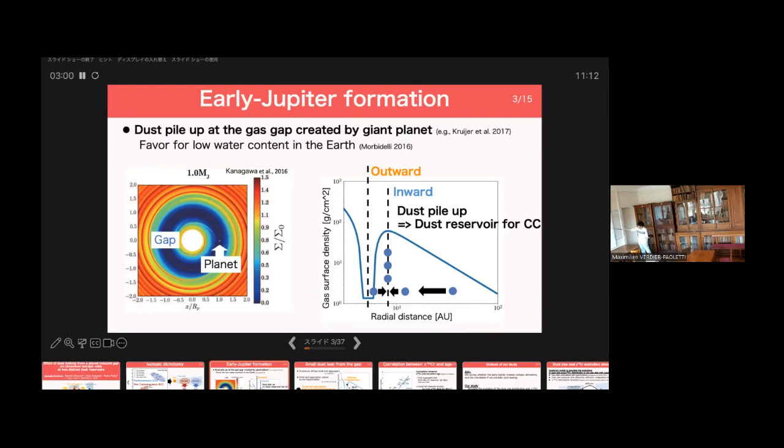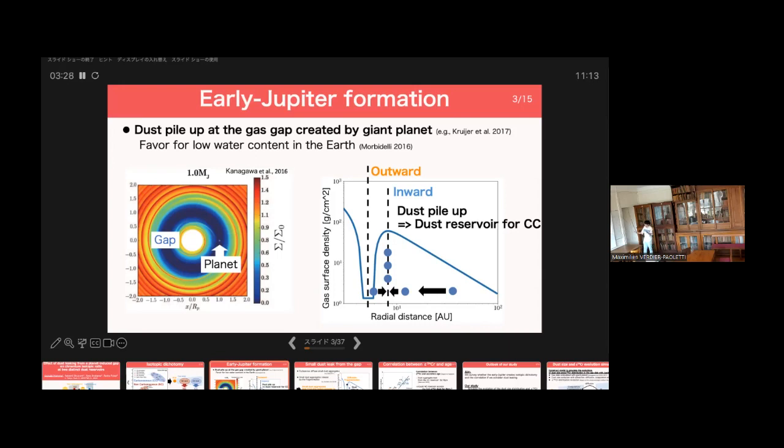But at this region, because the pressure gradient is different, dust particles quickly drift outward. So even if dust drifts toward the central star, the particles go back to this region.